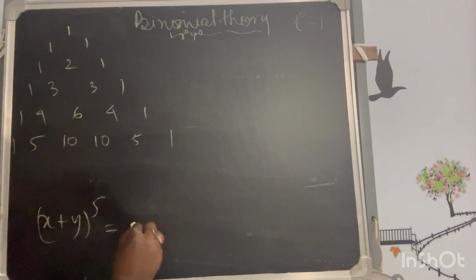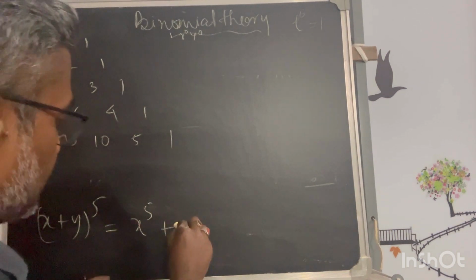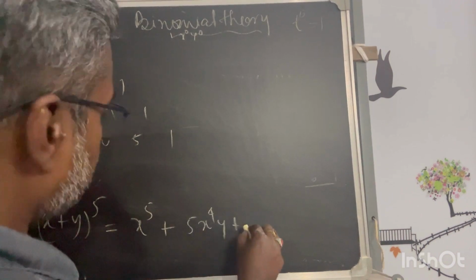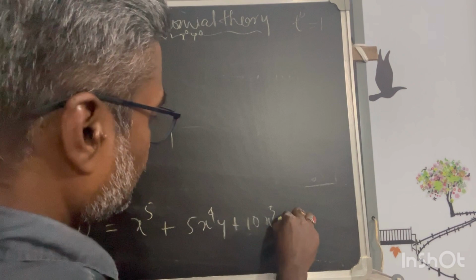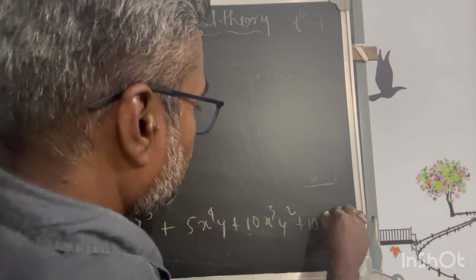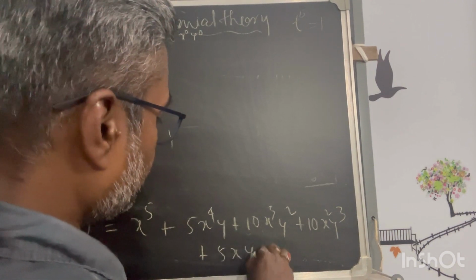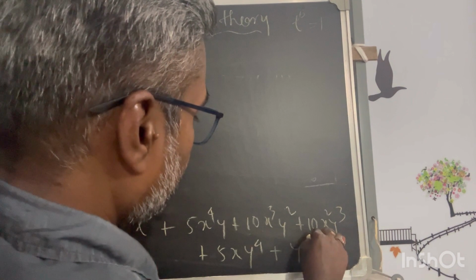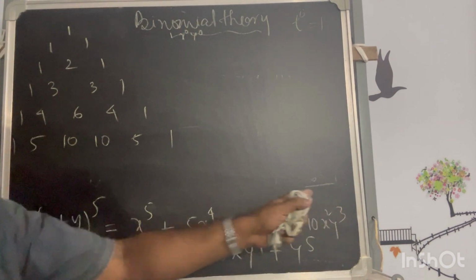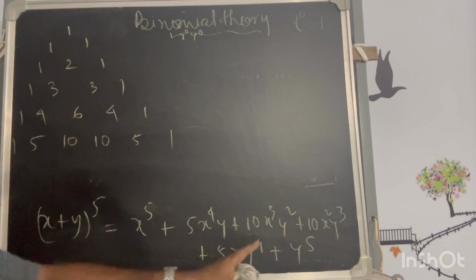If I expand this, starting from the highest power, it is x to the power 5, then 5 x to the power 4 y plus 10 x cube y square, then 10 x square y cube, then 5 x y to the power 4, and at the end y to the power 5. Understood?